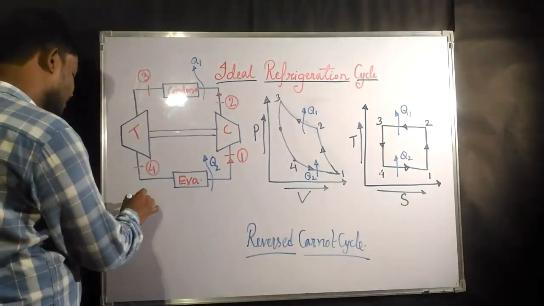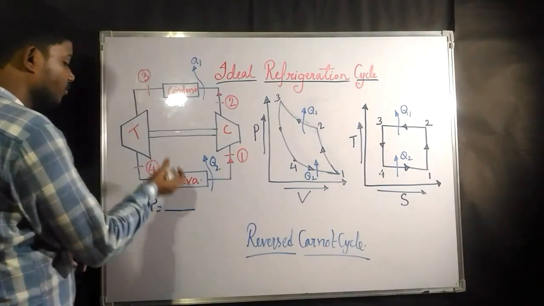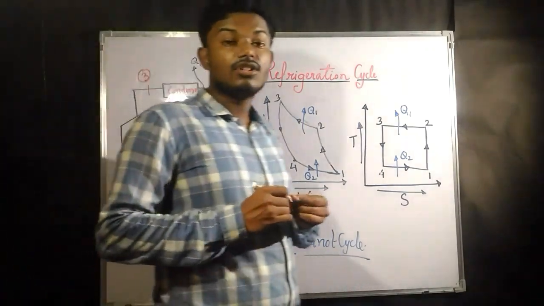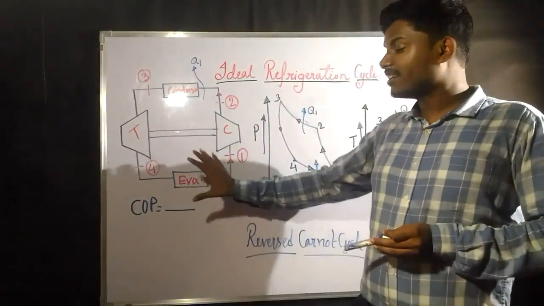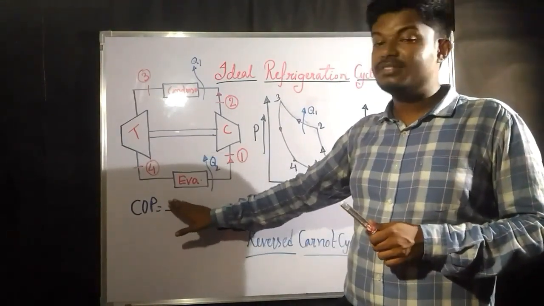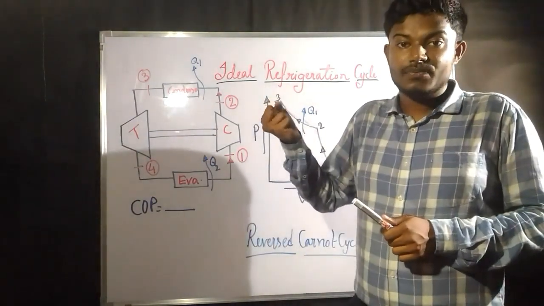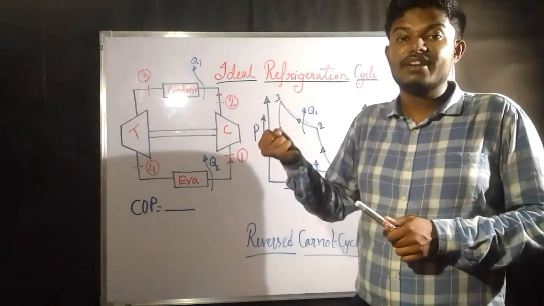Now if you want to find out the COP, what is it? The concept of COP has also been discussed in the second law. So what is COP? COP is nothing but the amount of heat, or the required effect. So what is the effect we require?